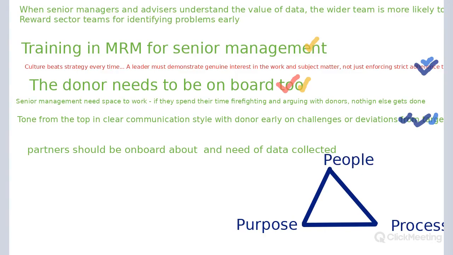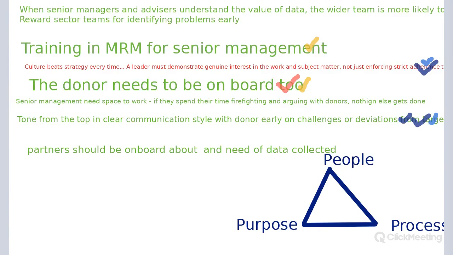We need to think about all three at the same time if we want a culture that is good for everyone. It's people's emotion, their culture, what process we have, what strategy we have, and whether all those are connected to our overall purpose or not. If you think about those three together, you'll usually find a solution that works.